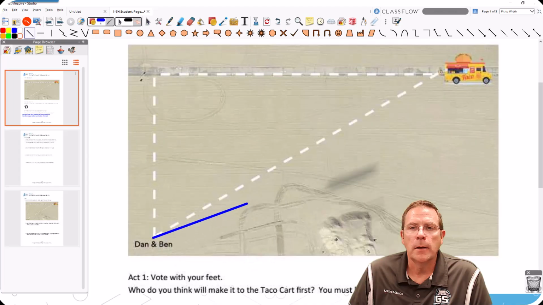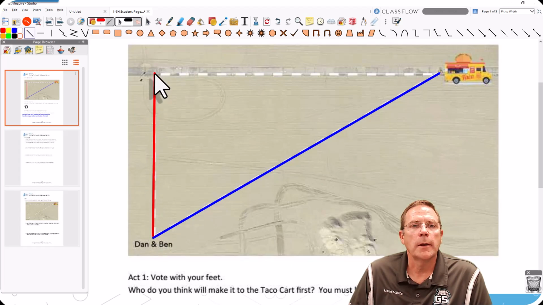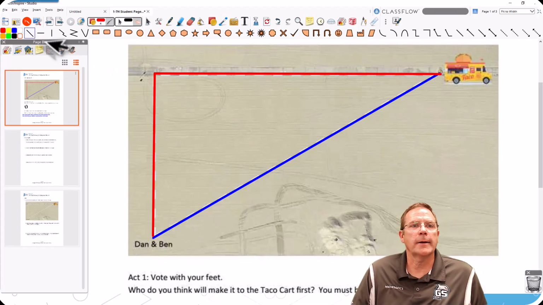So Ben is going to be this distance right here. Meanwhile, Dan, they wanted us to do in red, so Dan is going to go all the way up, get on the road, and then go all the way over, just like that.